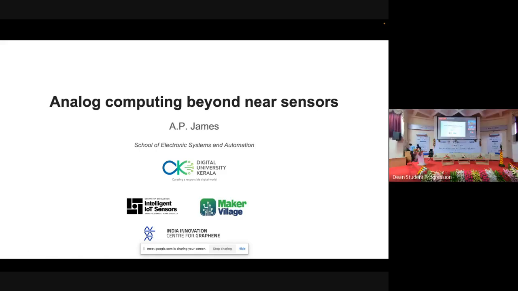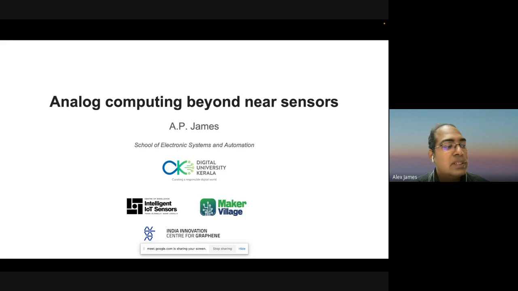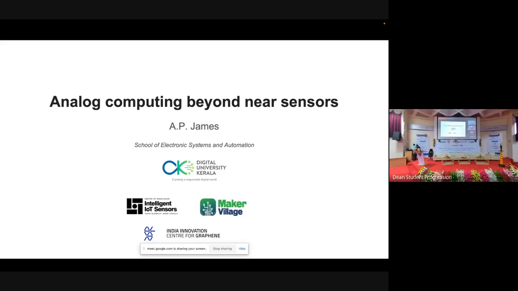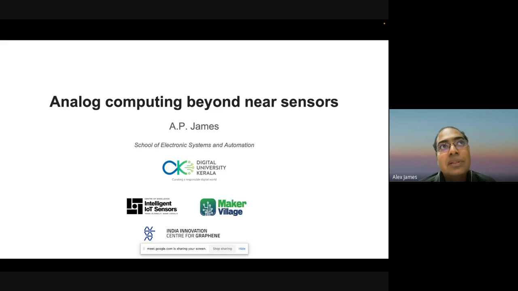So in my talk today, what I'll try to do is give an overview of analog computing as we see today, and then take it to the Memristor system, so that you get an idea of why we do that, or why we need to think about Memristor computing.